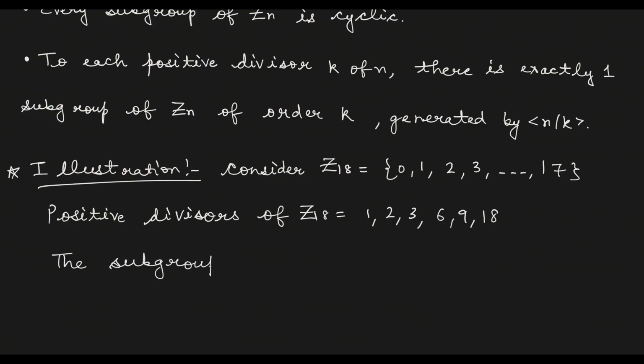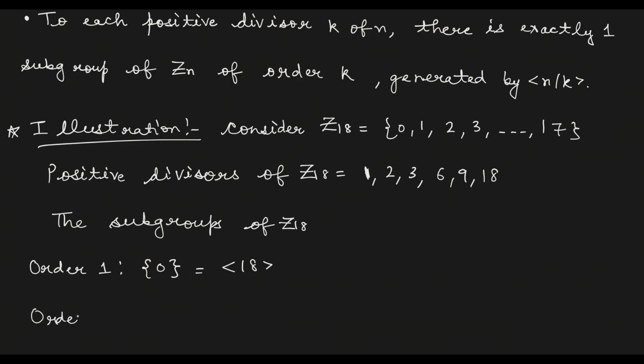The subgroups of Z18. So basically, these positive divisors are the orders of these subgroups of Z18. So order 1. It will contain only one element.